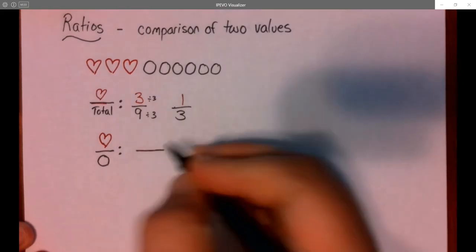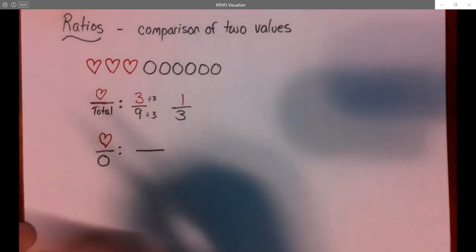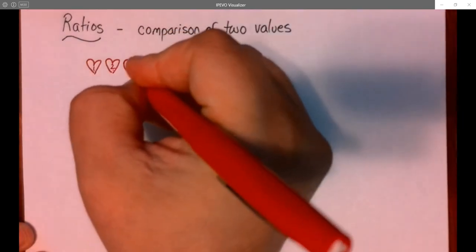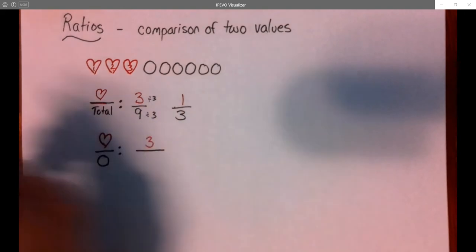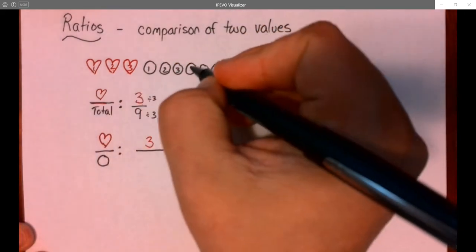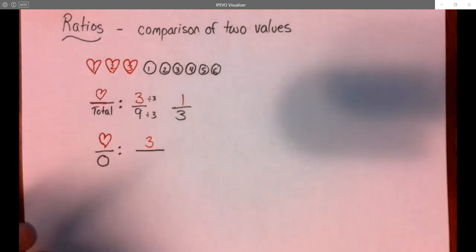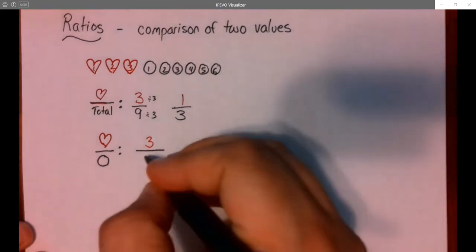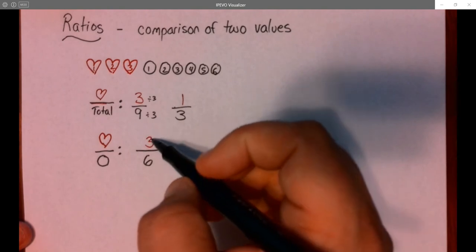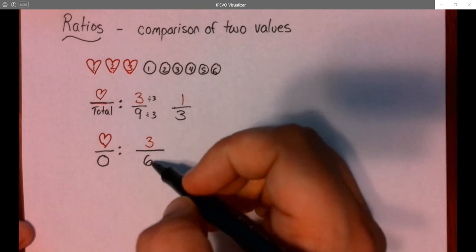So if I'm looking at this, I have 1, 2, 3 hearts. And I have 1, 2, 3, 4, 5, 6 circles.